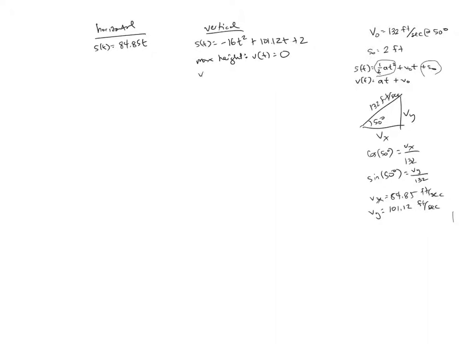We found the equation for the velocity at any time, and that is this with the appropriate values plugged in: negative 32 times time, plus my initial velocity in the vertical direction, which was 101.12. When you set that equal to 0 and solve for t, you get 3.16 seconds, which is how long it takes to get to the maximum height.